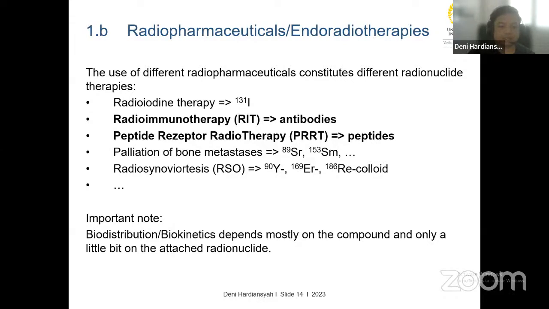The first one is the radionuclide itself, and then we combine it with the radiopharmaceutical drugs, and then we have a chelator. And how these radiopharmaceutical drugs move inside of the patient body is mostly affected by only the drug.